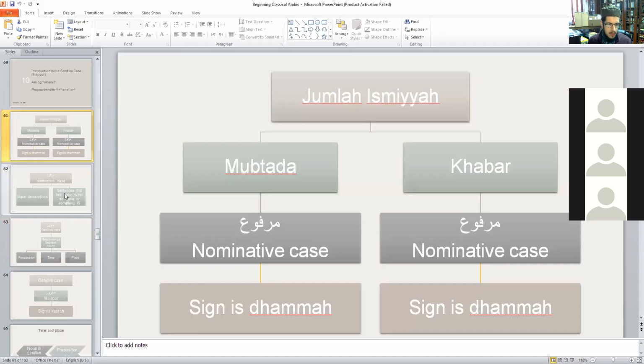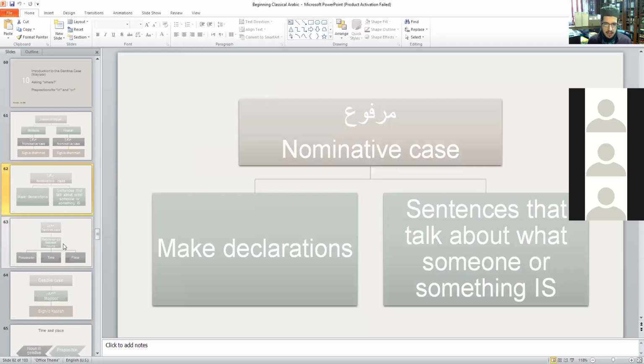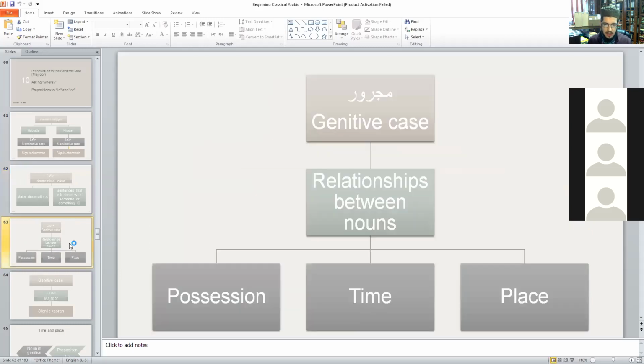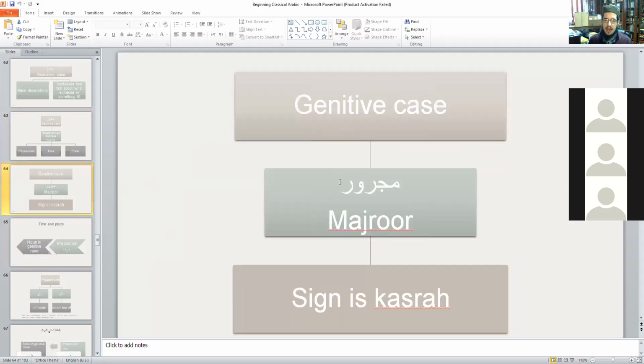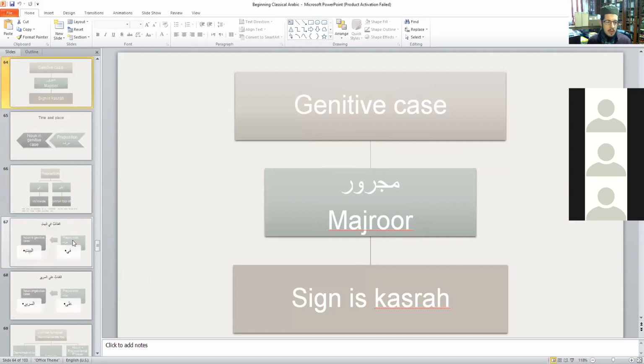So here is our old breakdown of the sentence. The genitive case is used for relationships between nouns, and the sign of the genitive case in Arabic is the kasra. We talked about how every harakah is specific to a certain case, which is really handy in Arabic. The kasra doesn't represent more than one case, right?